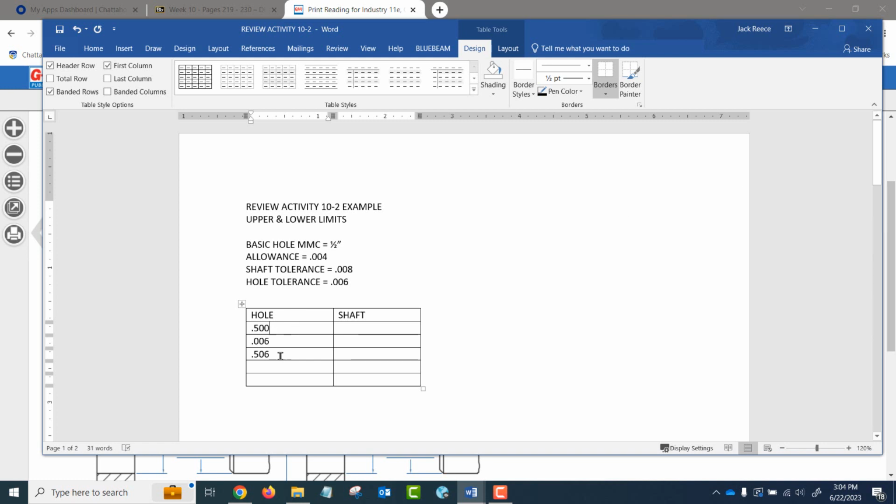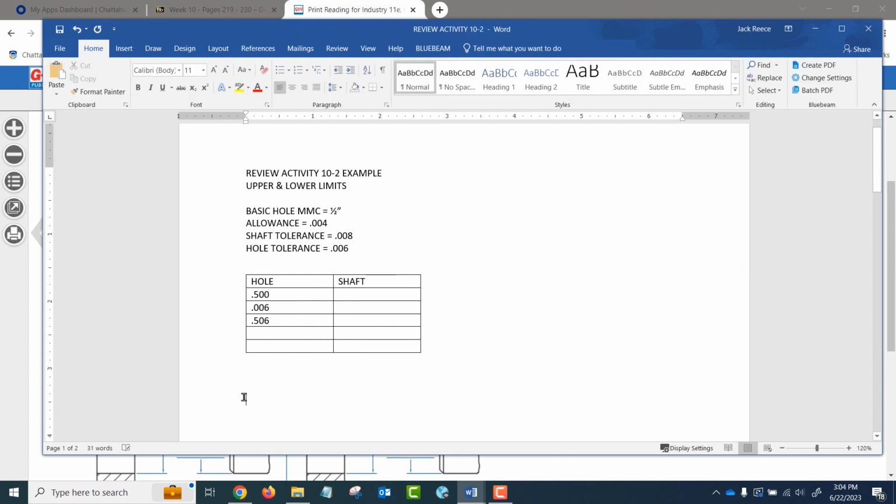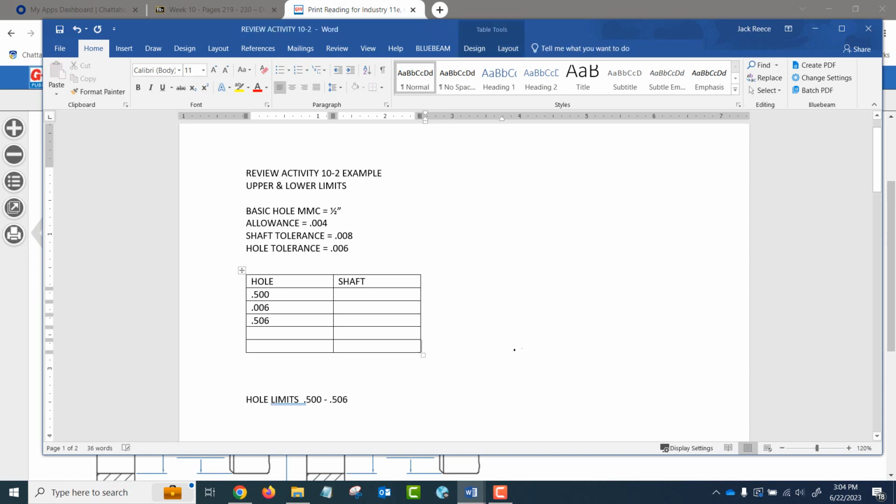Okay, so that is my hole. All right, so I'll come down here. The hole limits are 0.500 to 0.506.